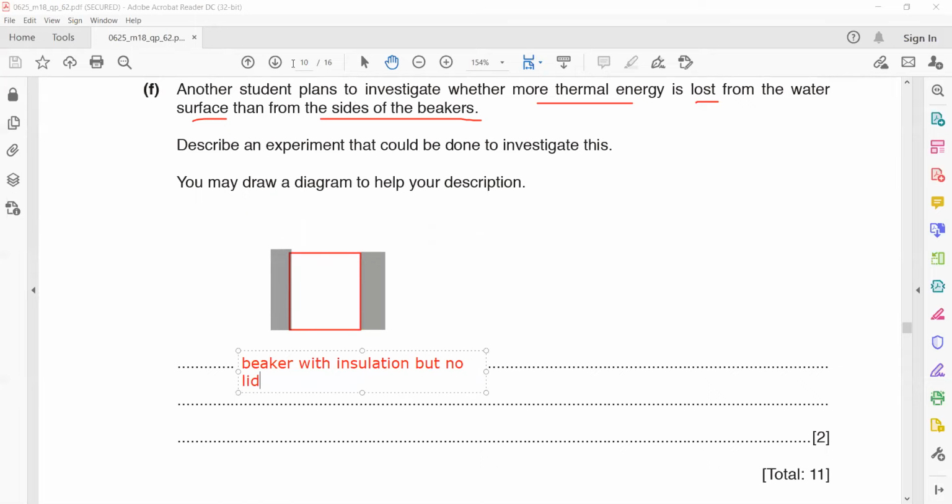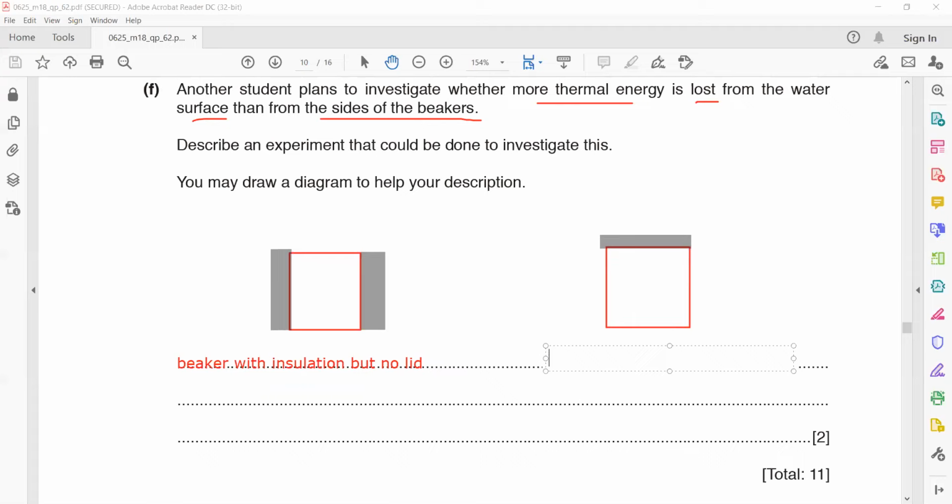And the second one, you will do with a beaker which has a lid but no insulation.